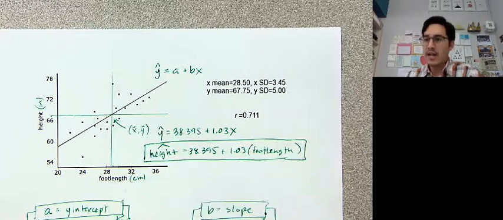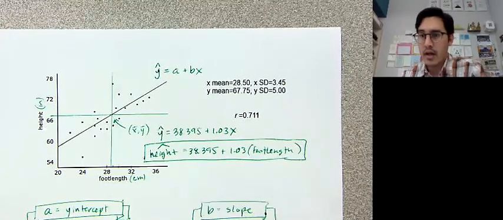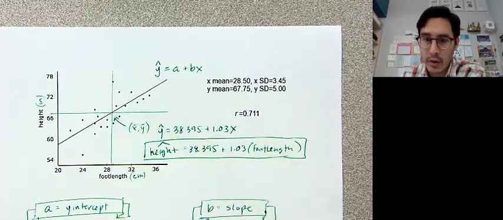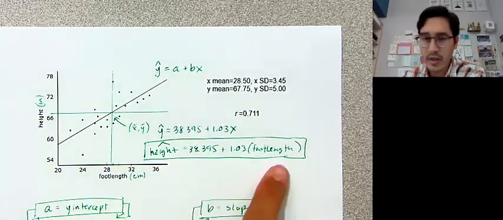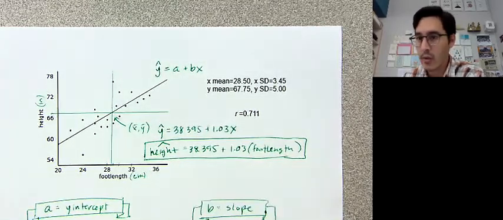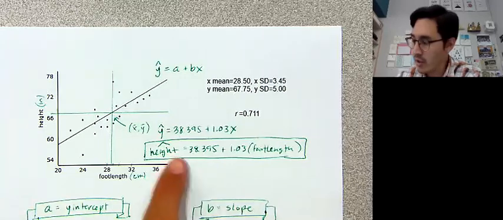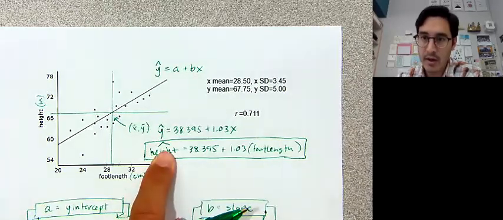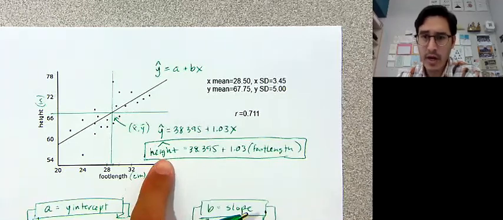Okay, so that is how I would probably write the least squares regression equation, by using the actual names of the variables instead of x and y. Okay, and it's really important that you remember to put the hat symbol here because we're not calculating anybody's actual height. We're trying to calculate some predicted heights.